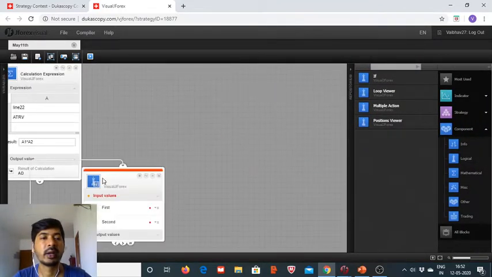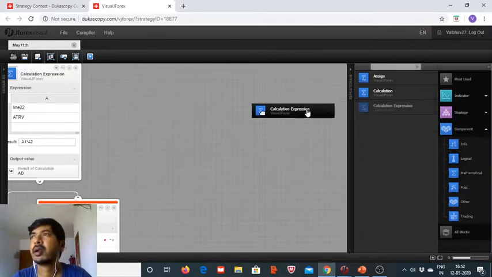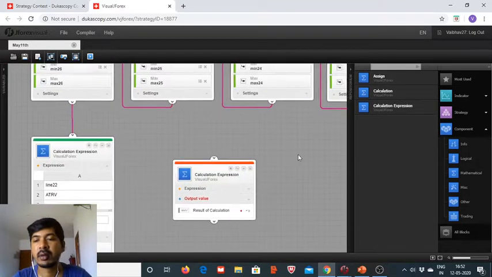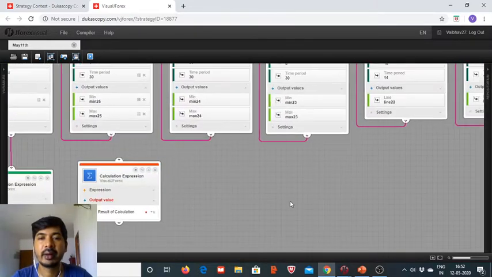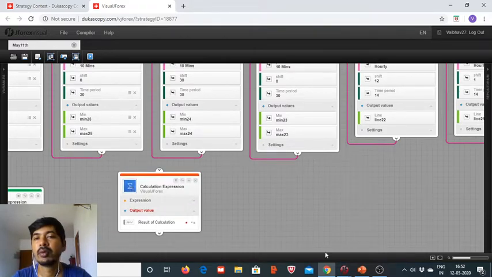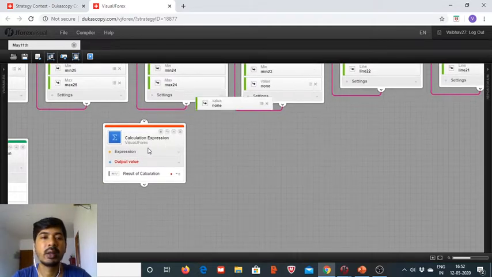We will need at least 2 to 3. Let's see. And here mathematical components, and here comes the calculation expression. Now we want to take a look at the maximum of the high price, the current maximum value. So that would be the maxima 23.